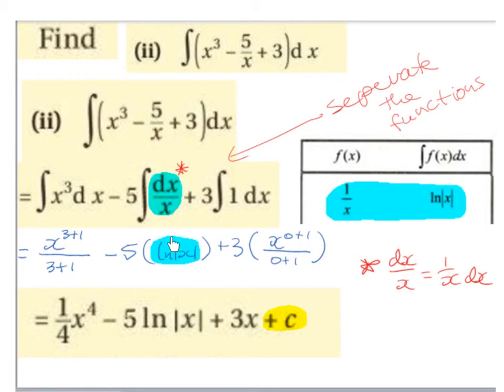So we get ln x. And then the integral of 1, well, 1 is really x to the power of 0. So x to the power 0 plus 1 over 0 plus 1 gives us x to the power 1 over 1, which is x. And 3 times x is 3x. So we have a quarter x to the power 4 minus 5 natural log x plus 3x plus c. Don't forget about your plus c at the end.